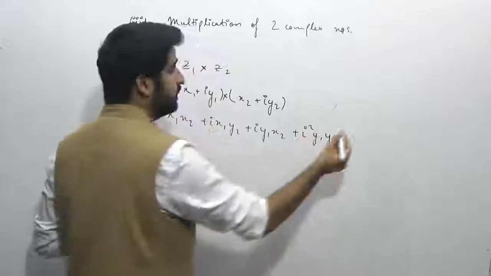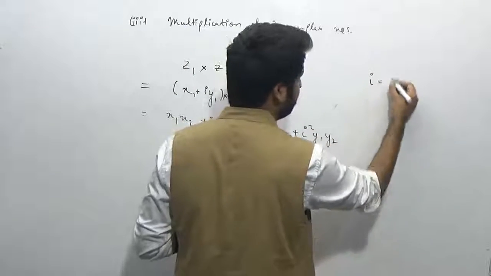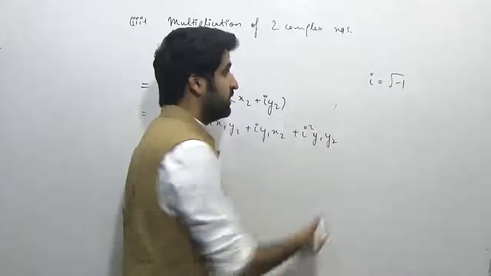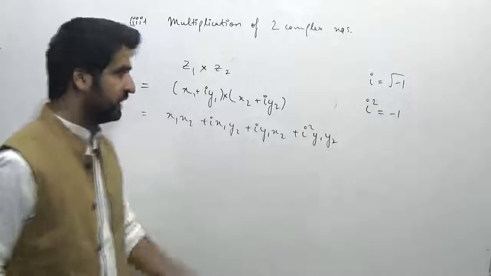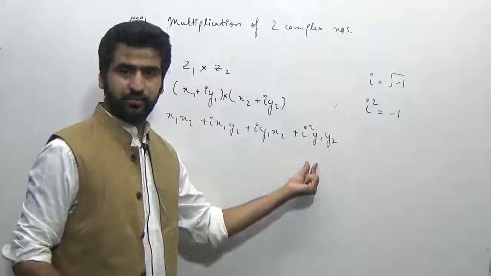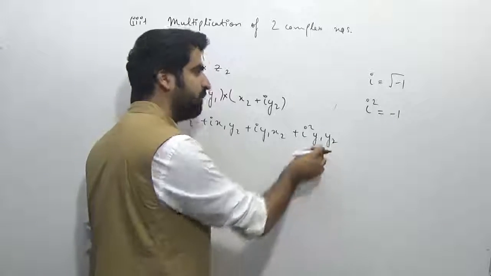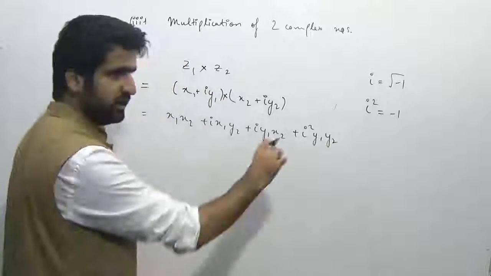Now we know that the value of iota is nothing but under root minus 1, as I told earlier. So iota square will be equal to minus 1. So this whole term becomes minus y1 y2, which is a real number.